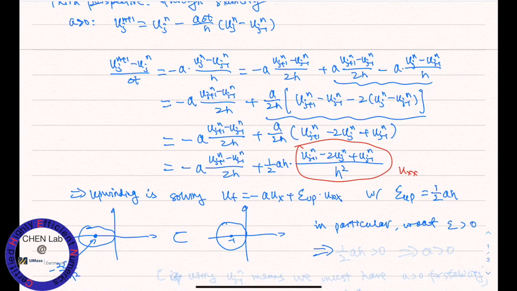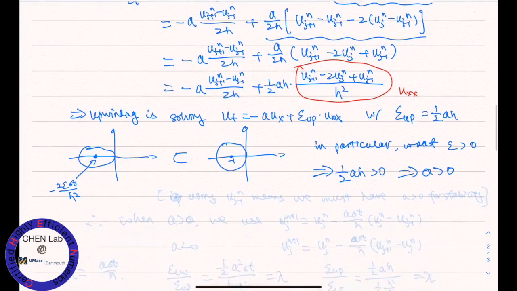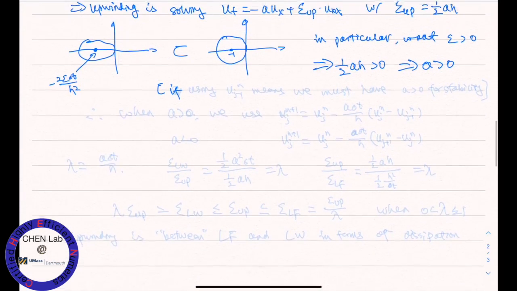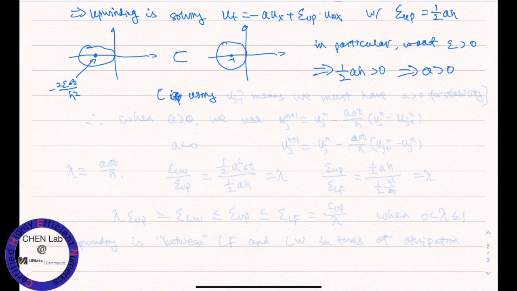Which means what? We have 1/2 a h is larger than 0, which means a is larger than 0. All right. So that's the case where we use u_{j-1}. The logic here is that using u_{j-1}^n means we must have a larger than 0 for stability, and vice versa.